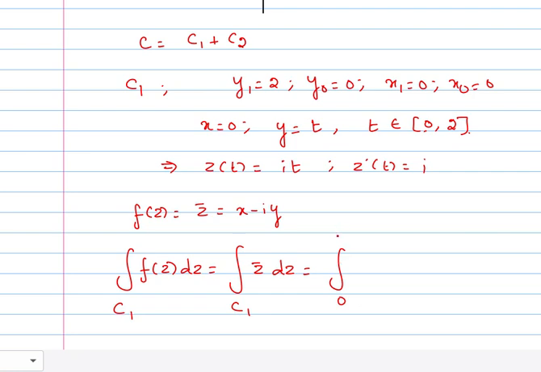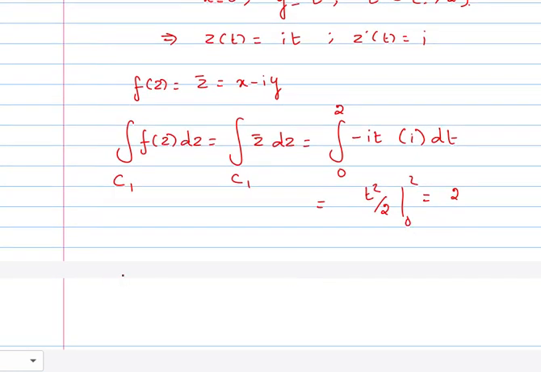Here x is 0 along this curve C1 and y is t, so you get minus i times t, and z prime of t is i times dt. You will get t squared divided by 2 from 0 to 2, which is 2. So along the curve C1 you get 2.